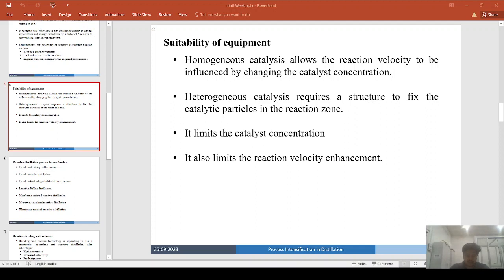The suitability of equipment depends upon two variables, the reaction velocity and the reaction volatility, and based upon that you will have different scenarios. Your concern may be what is suitable based upon your reaction velocity and reaction volatility on the rectification column.